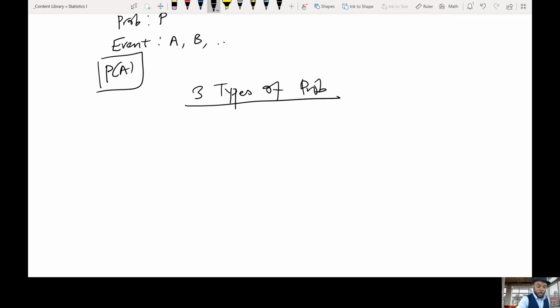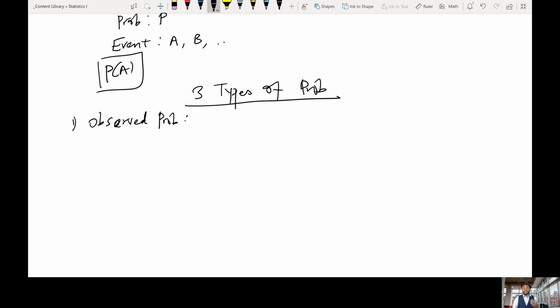The first one is called observed probability. This is a probability that is estimated based on your observation. So take, for example, I have a coin and I'm flipping the coin, say 100 times.